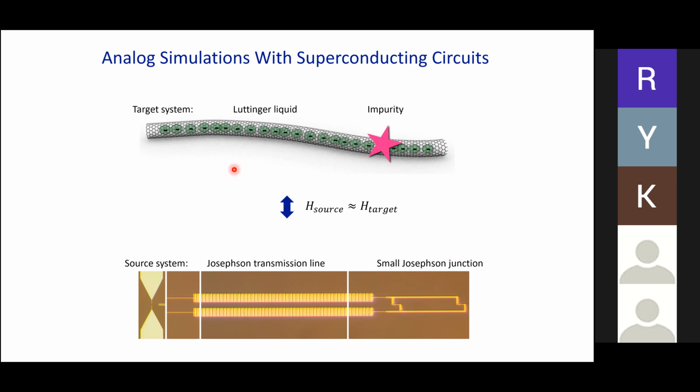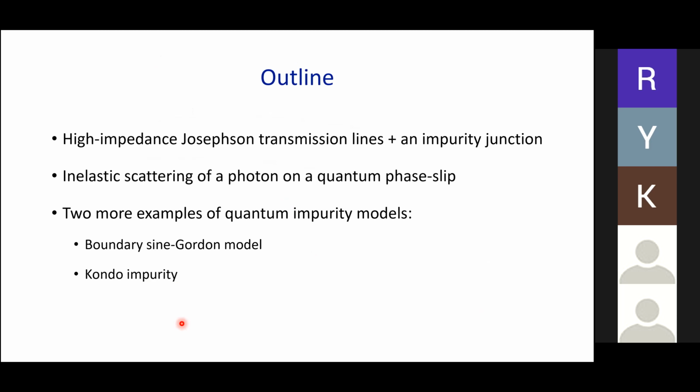So the goal for my talk today is first to bring this mapping between the two systems and also show you how we can extract information from this simulator. With this in mind, I will start by introducing one main part of our setup, which is a high-impedance Josephson transmission line.